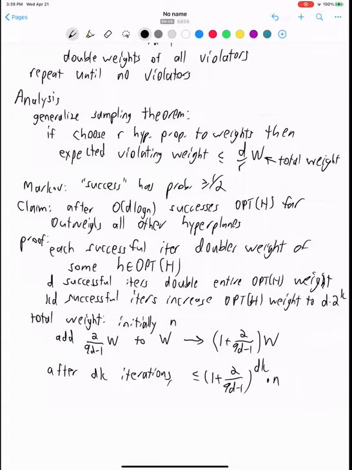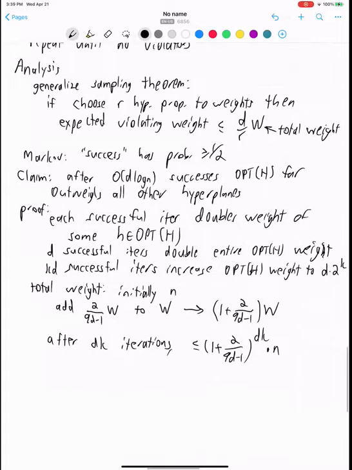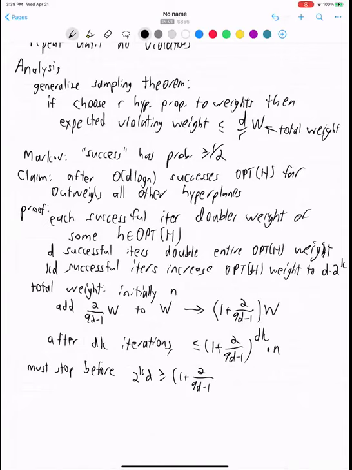Everybody following? So I claim that we must stop before 2 to the kd is bigger than 1 plus 2 over 9d minus 1, to the dk, times n.